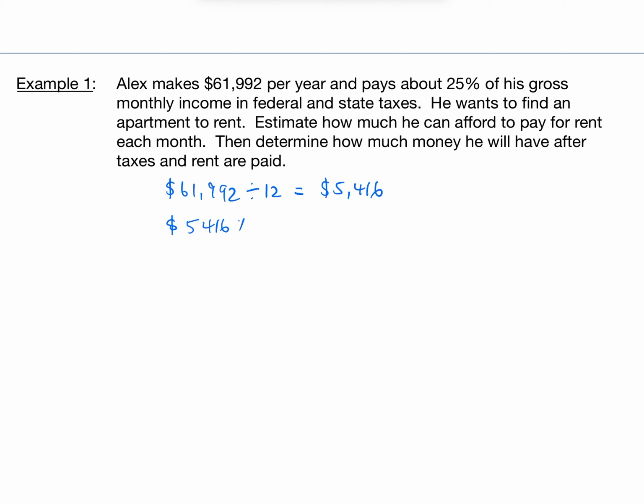We multiply that by 0.25, and that works out to $1,354. If we subtract that from his gross, that gives us a total of $4,062. That's what Alex would have left over after paying taxes.